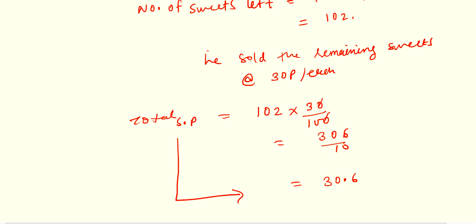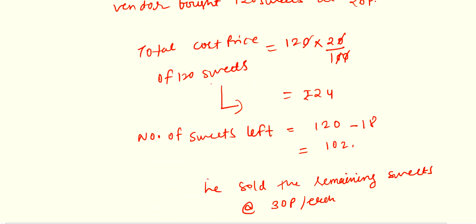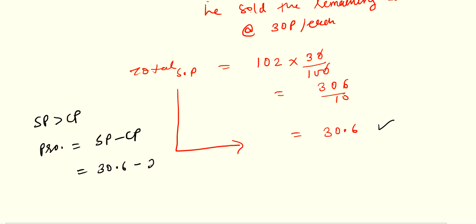So total selling price is 30.6 and total cost price is 24. Again SP is greater than CP, so this is the case of profit. Profit equals SP minus CP, so 30.6 minus 24 gives rupee 6.6.